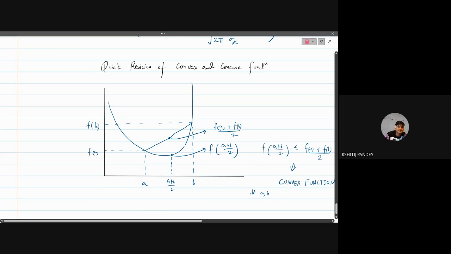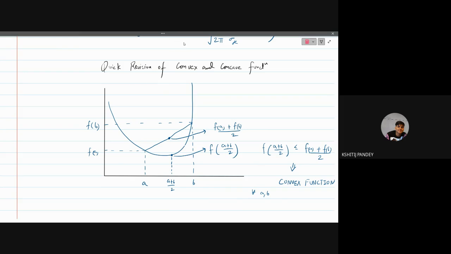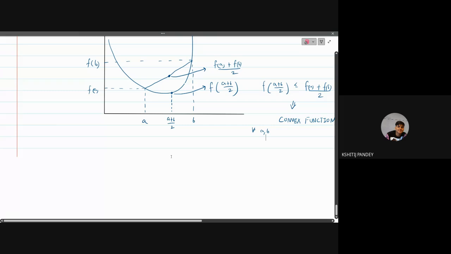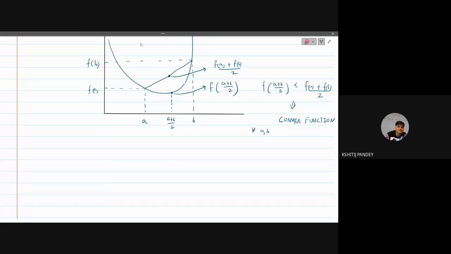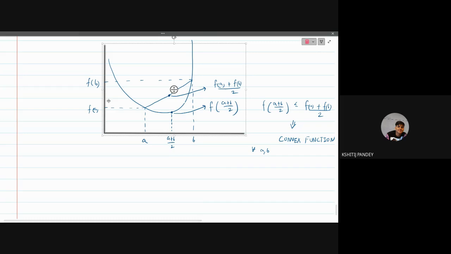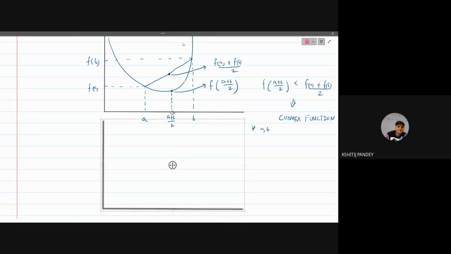So this is what a convex function is, and concave would be the opposite. For concave you will have a graph like this.